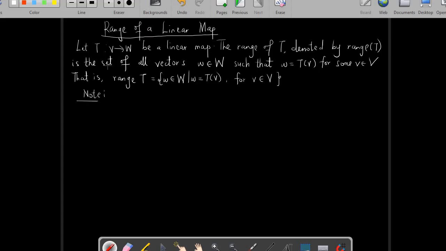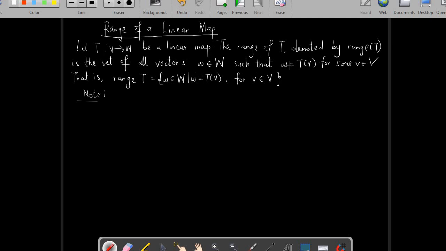So let's read together. Let T be a map from V to W, a linear map, right? The range of T, denoted like this, is the set, also a set like your kernel, of all vectors w. Can you see a small w? If you compare it to the kernel, we said a small v. So you see the difference. Small v, small w, that is telling you this one speaks to the codomain, right?